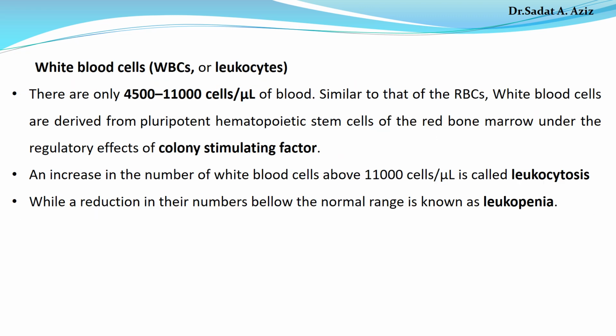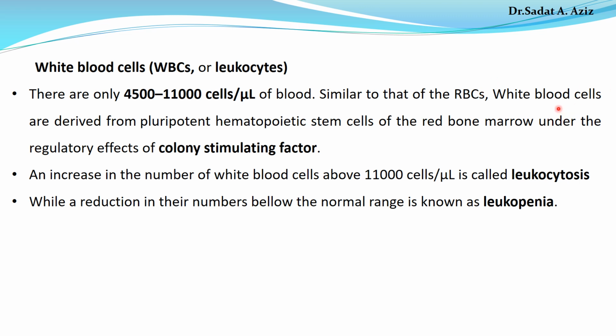So now I'm going to start with the white blood cells. Another type of the circulated blood cells is the white blood cells, or what you call leukocytes. Normally there are only about 4,500 to 11,000 cells per microliter of blood, similar to that of the red blood cells.